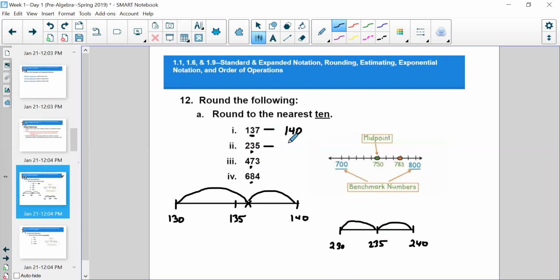So our general rule is that when it's on the halfway point or ends in a 5, we are going to round that up to 240. 473, remember you're looking at the 7 tens, so this 3 will not round it up. So it will actually be closer to 470. And then 684 is between 680 and 690, and the 4 would not round it up, so it would be at 680. So those are your rounding to the nearest tens.